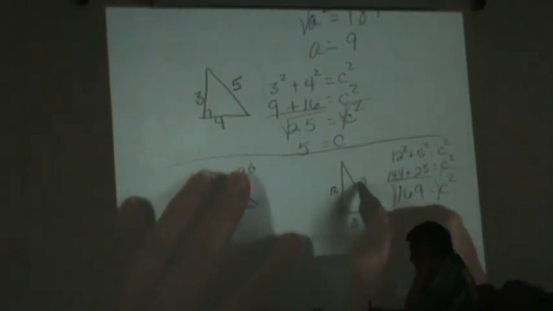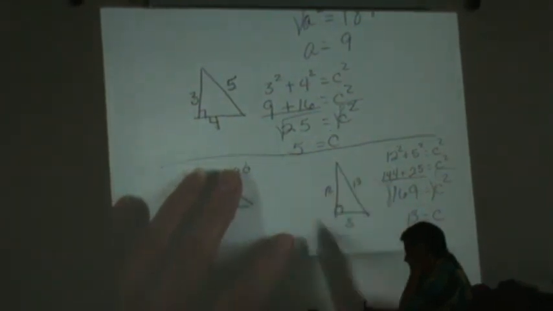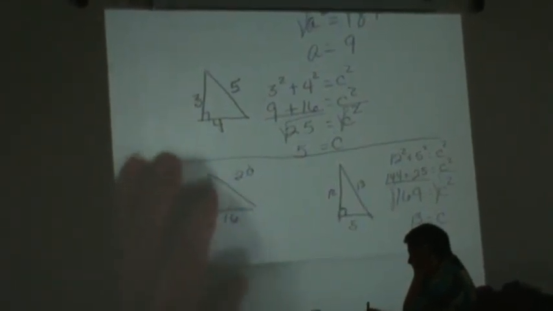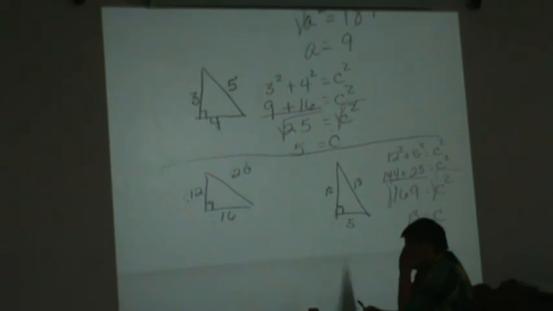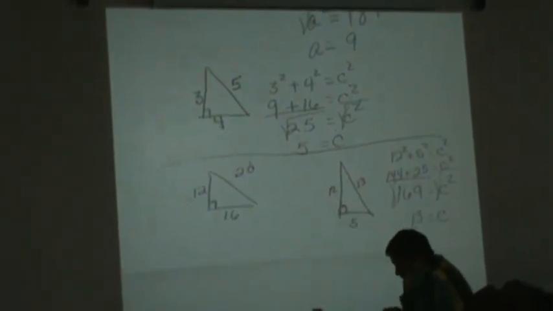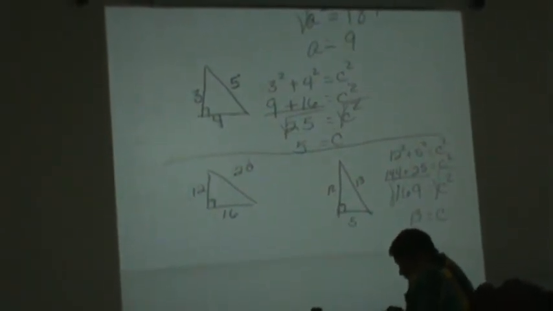Okay, that's another one that always comes out perfect. If you have a 5 and 12 and 13, that comes out. But this is your basic building blocks.